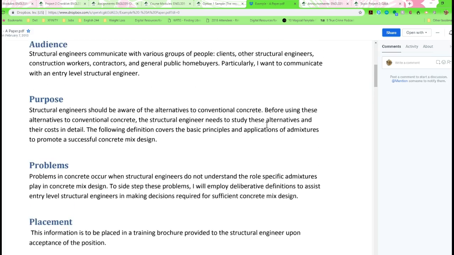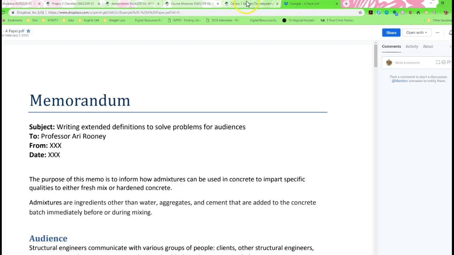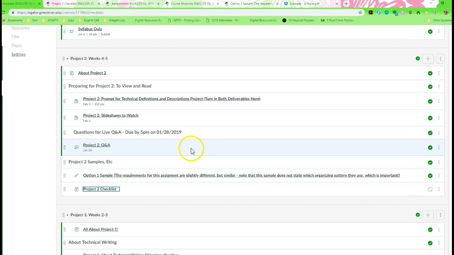So this is a sample. Now, keeping in mind that yours is going to look different. I'm going to close some things out here. But what I want to do is make sure that you really go over these slide shares because they're important. They'll tell you exactly what it is that I am looking for.